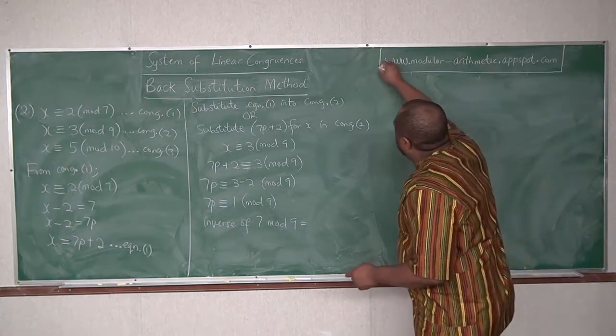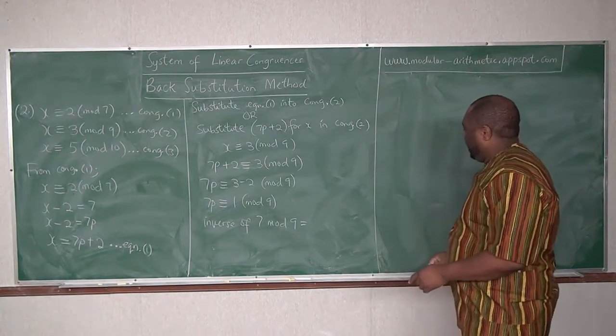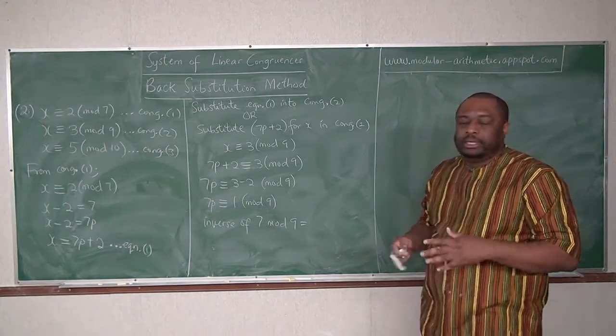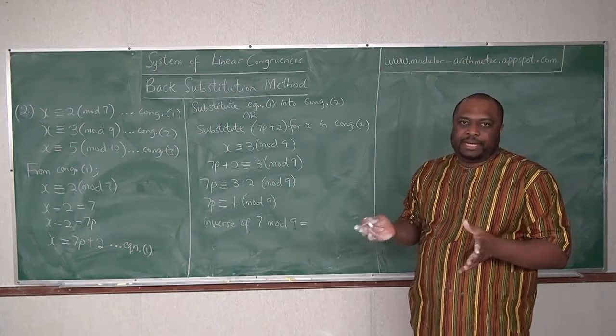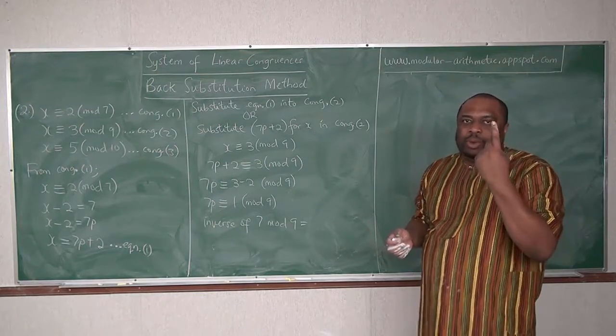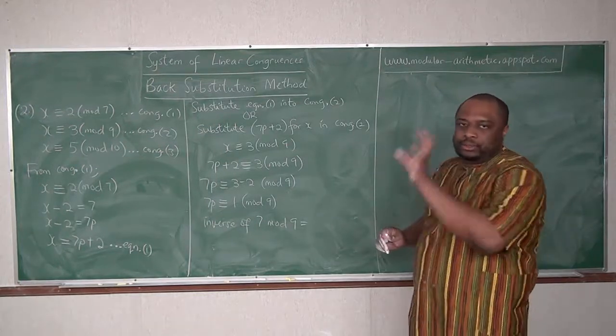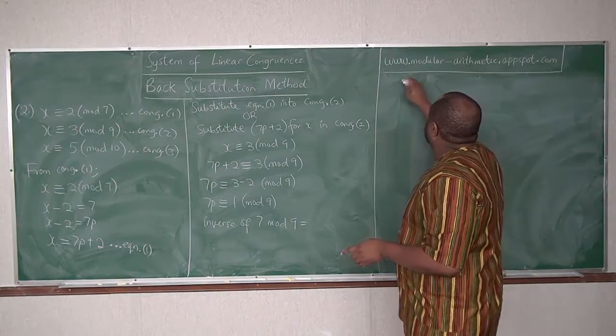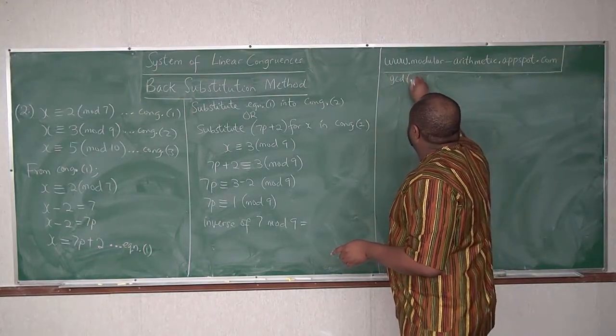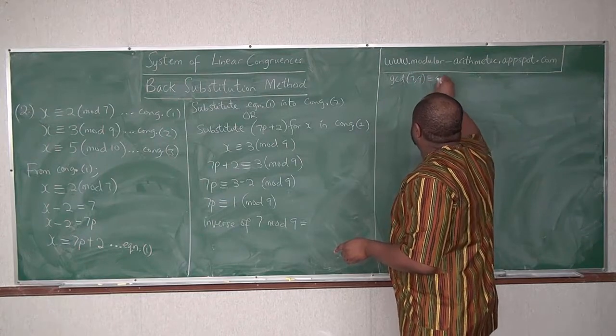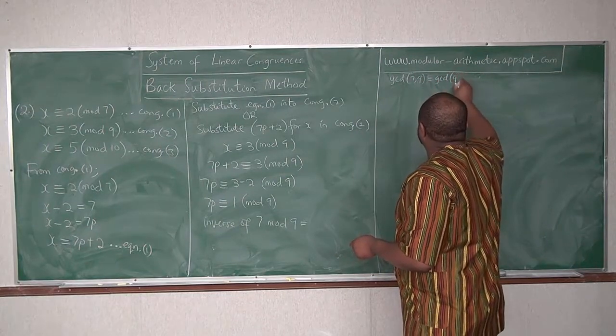Let's get our GCD of 7 and 9. I know it's 1, but we need it to get the inverse. So GCD of 7 and 9 is the same thing as GCD of 9 and 7.